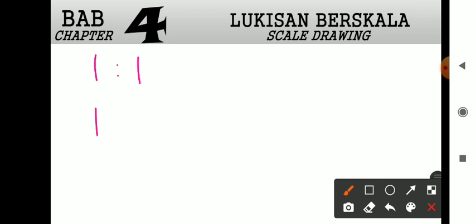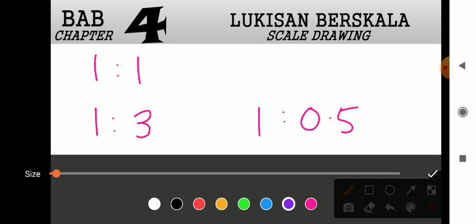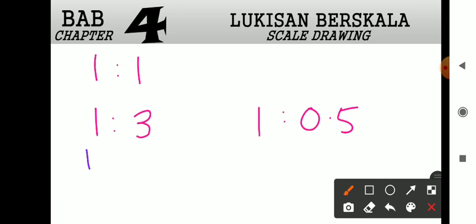Okay, let's say 1 to 3. Apa maksud 1 to 3 and 1 to 0.5? Okay, what is the meaning of 1 to 3, 1 to 0.5? Okay, let's remember. This is your drawing. Okay, this is your original object.